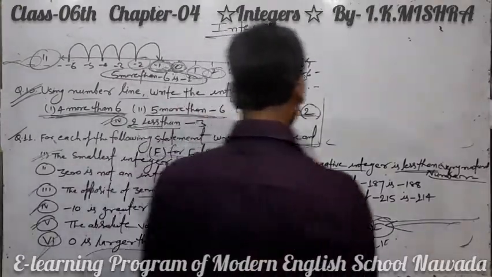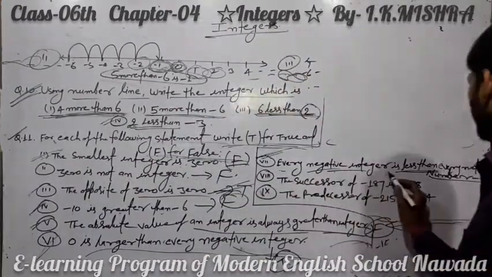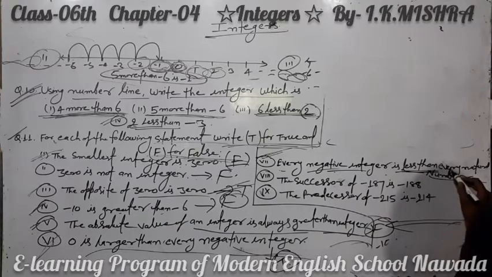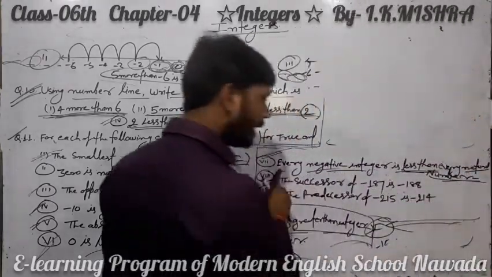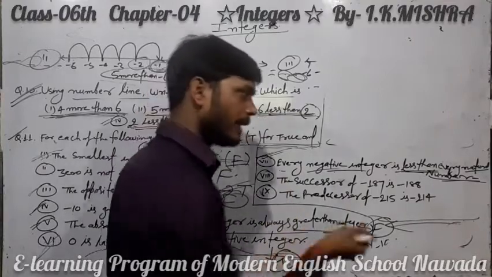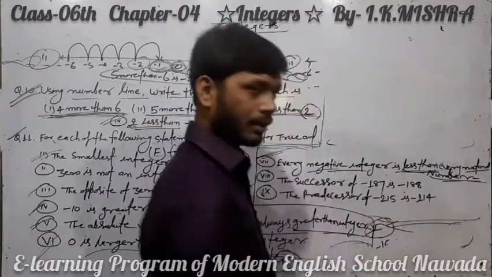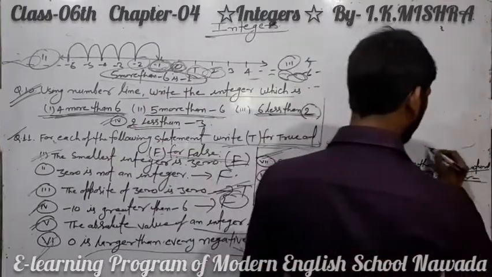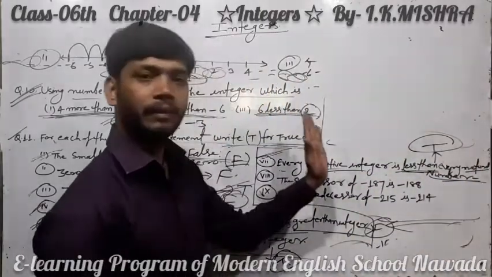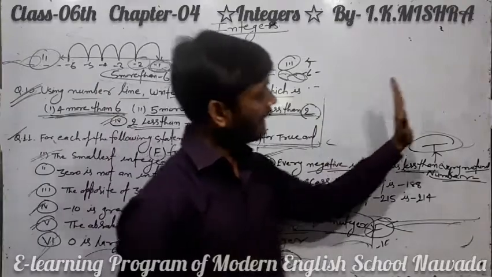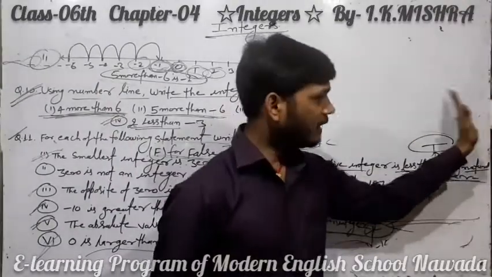Question number 7, every negative integer is less than every natural number. Students, think, every negative integer is less than. Yes, this statement is true, because every negative integer is less than any natural number.